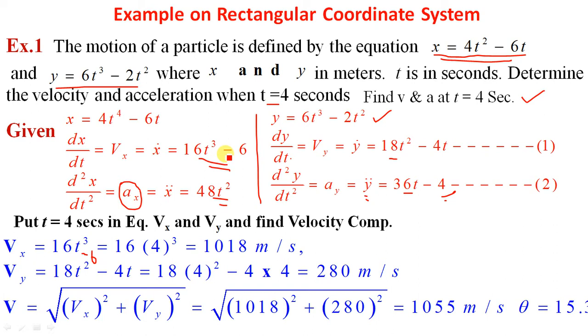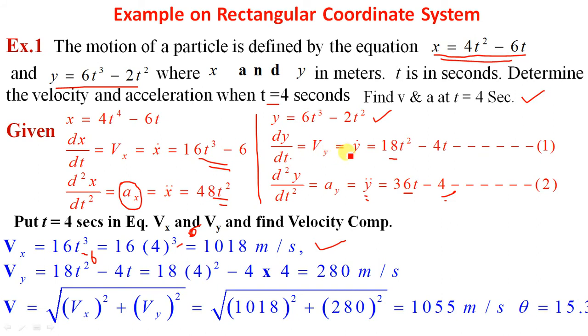So that is 1024 minus 6. Here I had forgotten to write down the 6. The answer is correct. 16t cube minus 6, that is 4 raised to cube minus 6, will give you the answer 1018 meter per second.